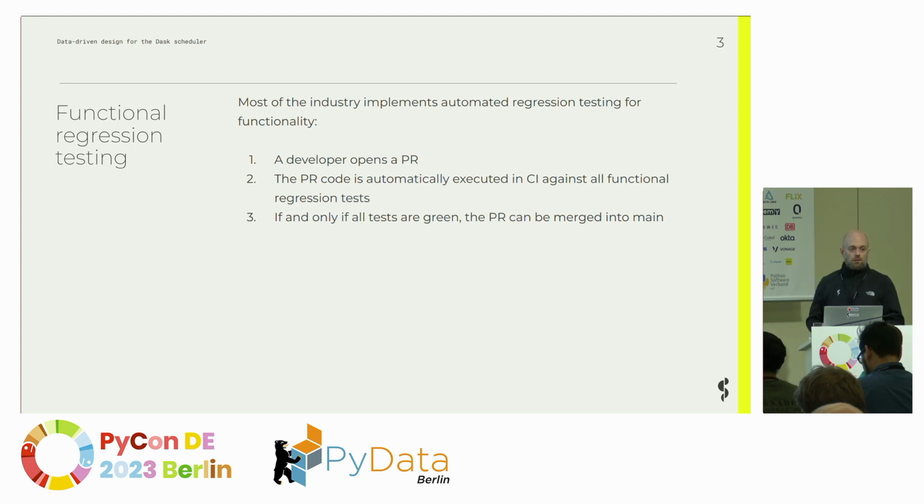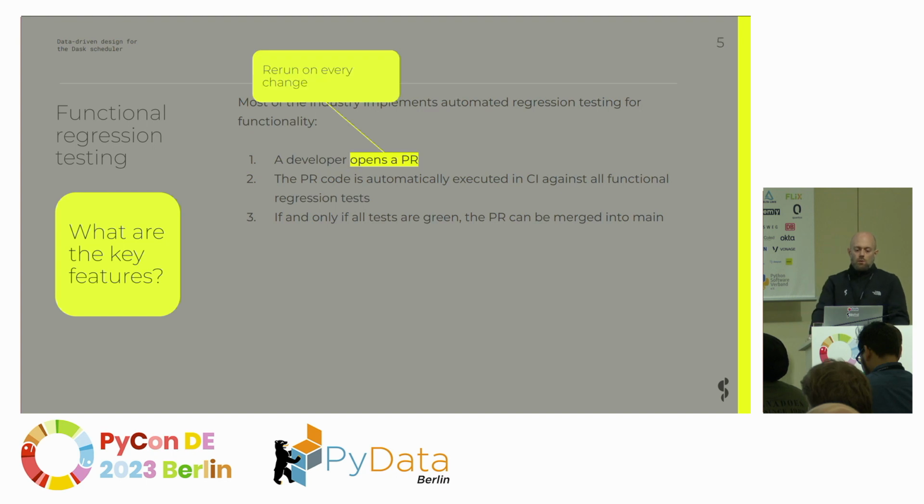What are the key features of functional testing that frequently we don't think about because they are our everyday life and we just take them for granted? One is that it runs at every change. You don't get to the end of a month-long sprint without having ever run the regression test.